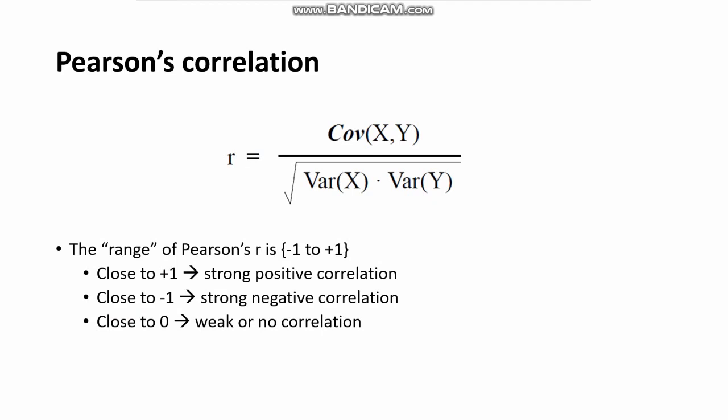A value that is close to -1 indicates that there is a strong negative relationship between two variables. In other words, when one variable increases, the other variable decreases. And values that are close to 0 indicate that there is no correlation, or a very weak correlation between two variables.